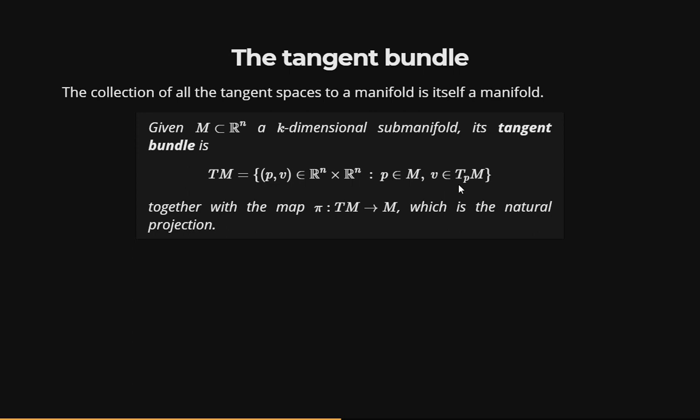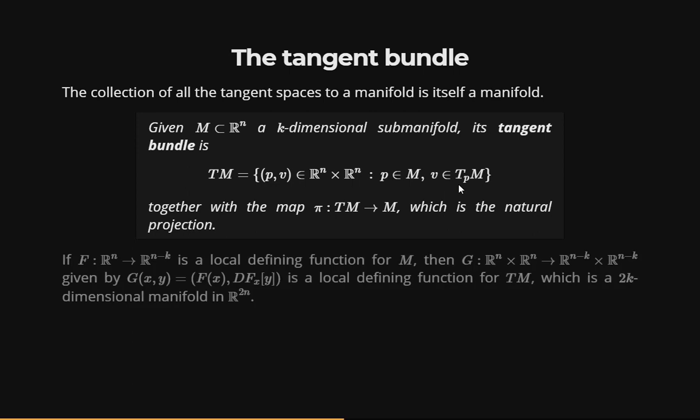You can show that this is again, well, you can show, or maybe I've written it, yes. If you remember, if you take a defining function for M, the tangent space is the kernel of the Jacobian matrix. So it's just as easy as this. The defining function for the tangent bundle is the defining function for the manifold and the Jacobian matrix.